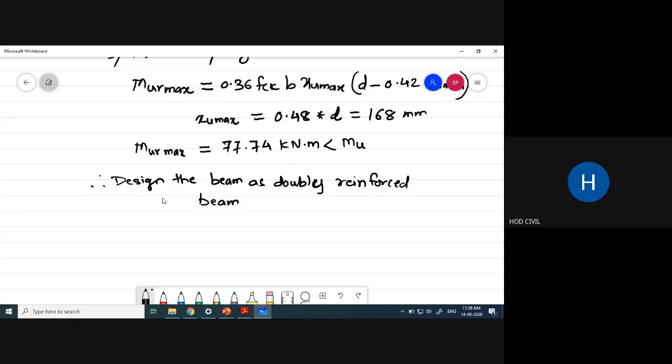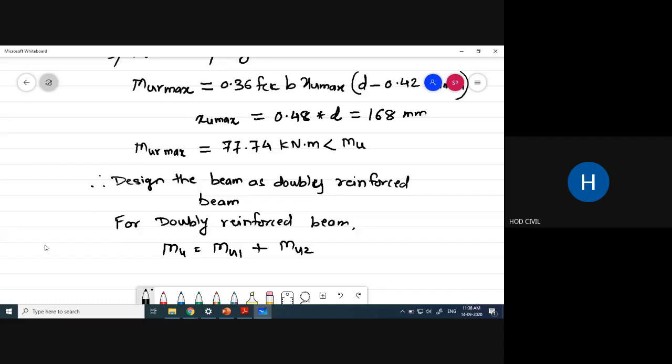Just write down a statement: for a doubly reinforced beam, Mu is equal to Mu1 plus Mu2.